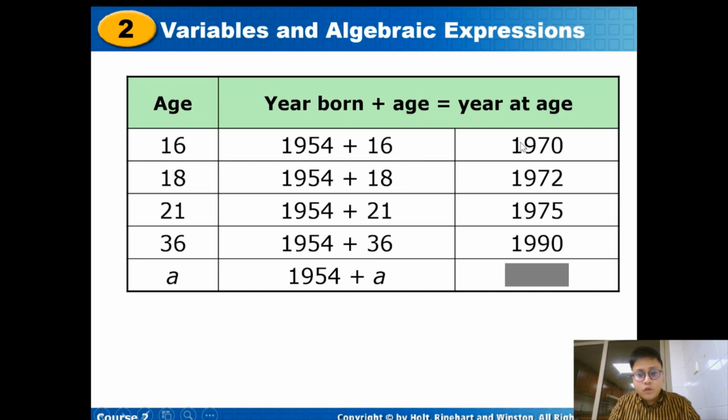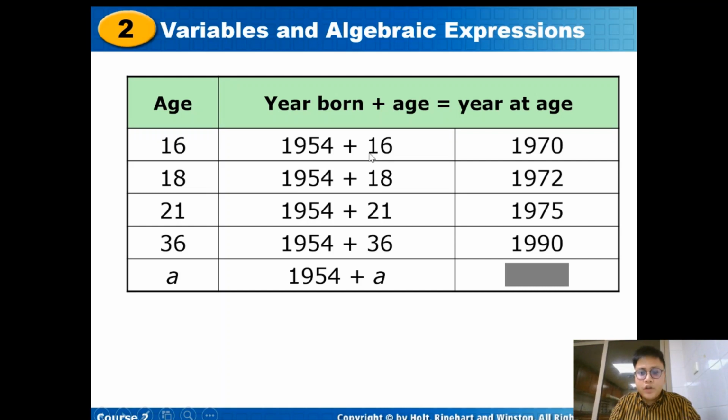In order for you to get the year at age in this column, you will just add the year born plus age so that you will know the year when he will be turning 16, 18, 21, 36.